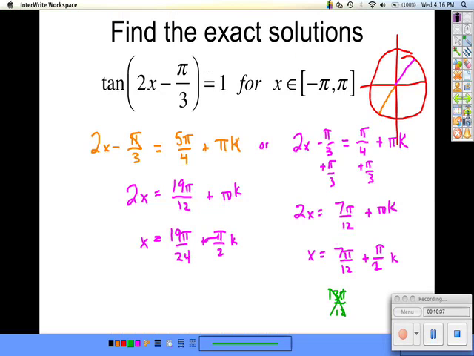If I subtract 6 pi over 12, I will get just pi over 12 as a solution, and that falls within this range. And I can keep subtracting 6 pi over 12, so negative 5 pi over 12, negative 11 pi over 12. These are all solutions from this first one.